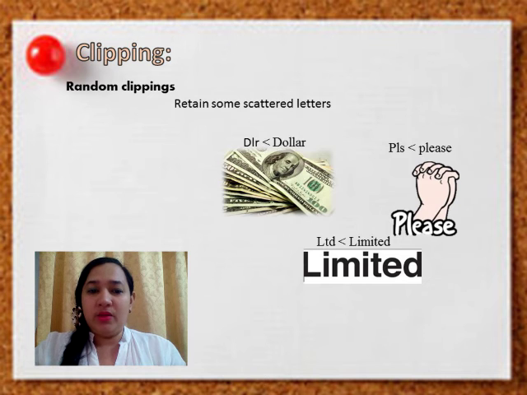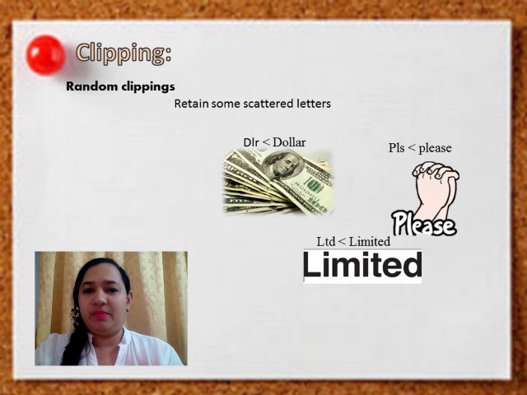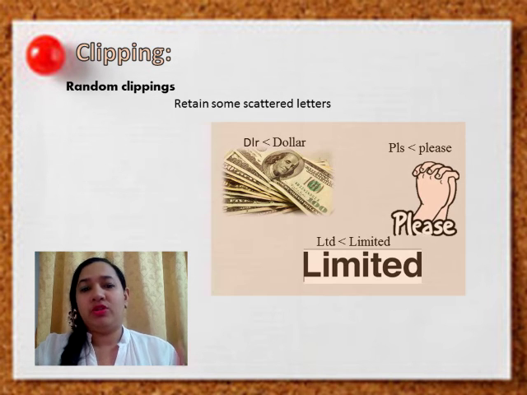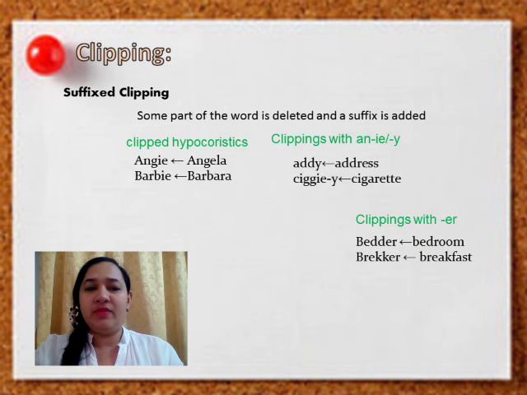In the next slide we have random clipping. It retains some scattered letters, specifically consonants, from the base word. Observe on the slides some examples. And finally, we have suffixed clipping. Some part of the word is deleted and a suffix is added.